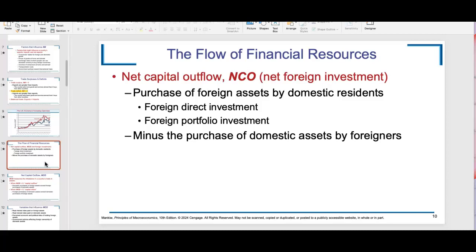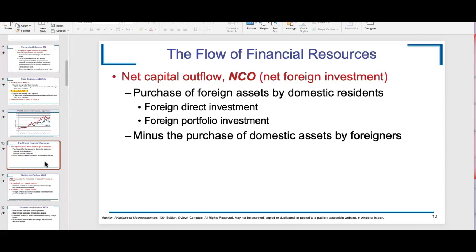So Europeans can go on the market. Now you do it all digitally online. You can go and purchase stocks and bonds from the US stock market, and Americans can go and buy stocks and bonds on any market in the world. So when we talk of net capital outflow, I know we call it outflow, but it's literally the flow. So the net capital flow, or net capital outflow, NCO, is the net foreign investment, which is the purchase of foreign assets by domestic residents minus the purchase of domestic assets by foreigners.